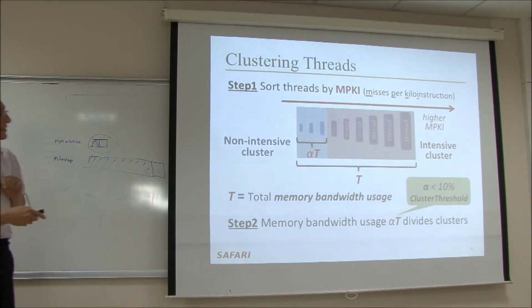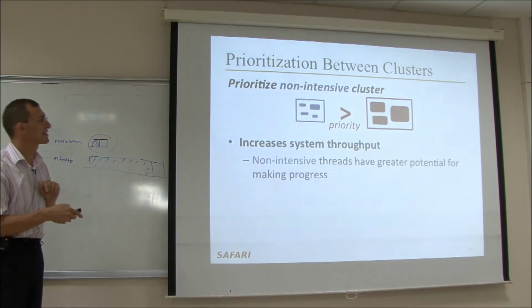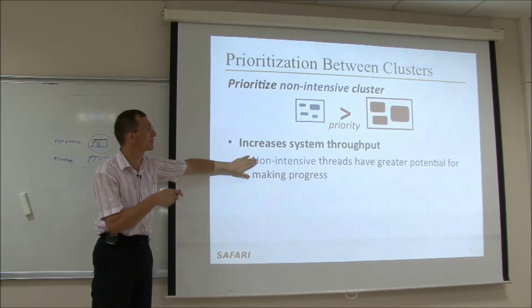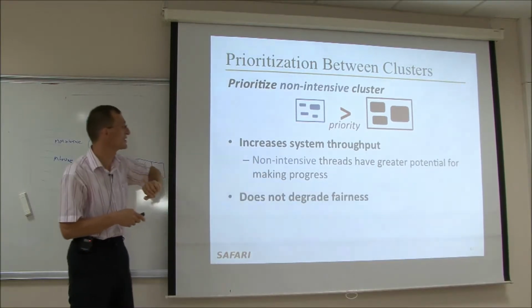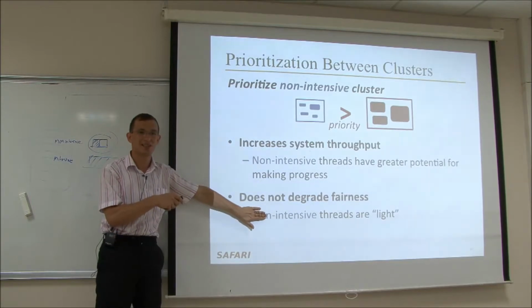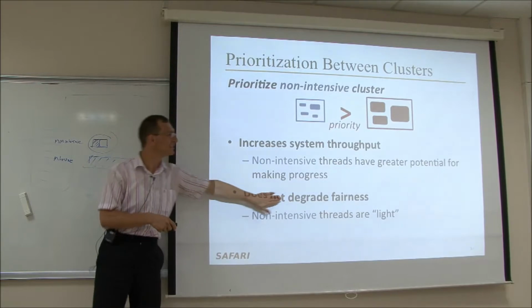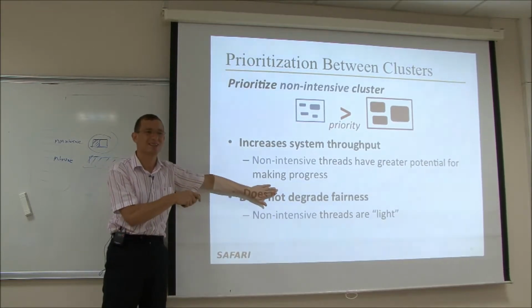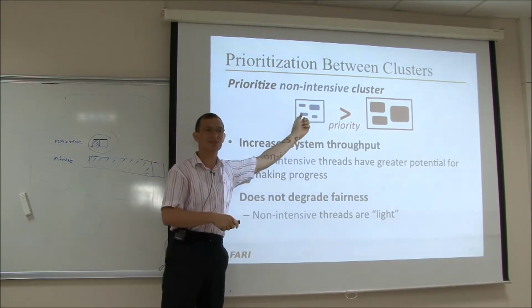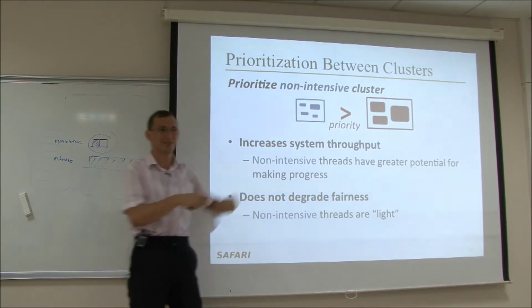So what do we do between clusters? Basically, we prioritize the non-intensive cluster. Again, as I told you, this increases system throughput because non-intensive threads have greater potential for making progress. And this doesn't degrade fairness because non-intensive threads are light. Now, this is not exactly correct, actually. This is correct if you do the clustering right. If you do the clustering wrong, such that a heavy thread escapes into this cluster, then this degrades fairness a little bit. So you have to select your alpha in a nice manner.